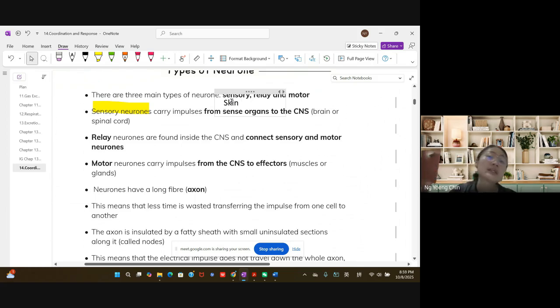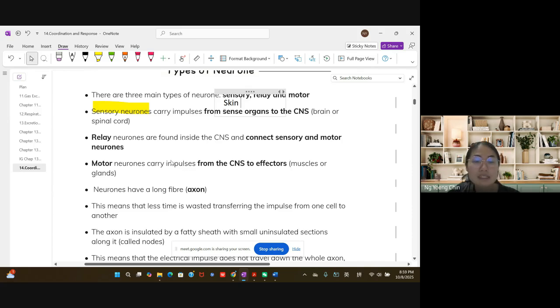They collect information through the sensory neuron, so they can generate a nerve impulse. This nerve impulse will pass through the central nervous system, which is the brain and spinal cord. The relay neurons are found inside the central nervous system, and they connect the sensory and the motor neuron.